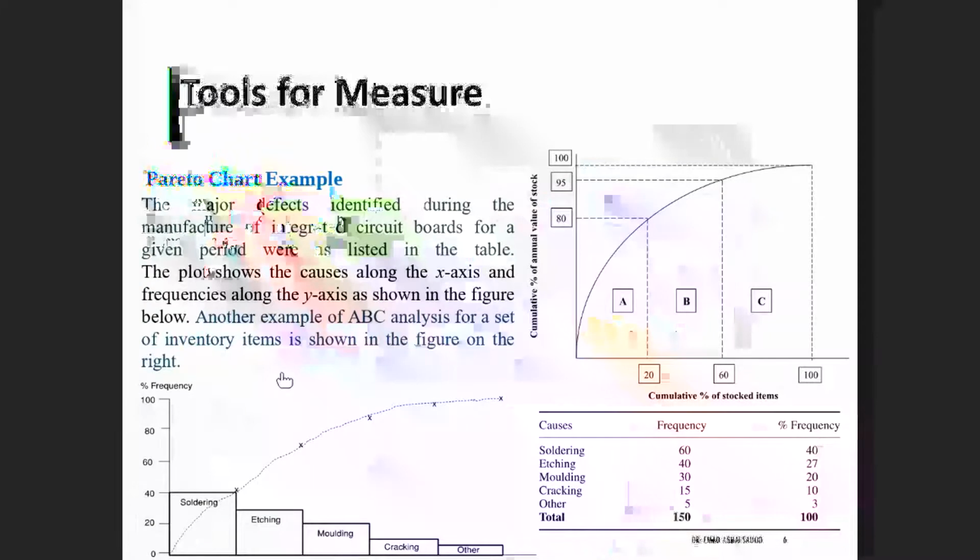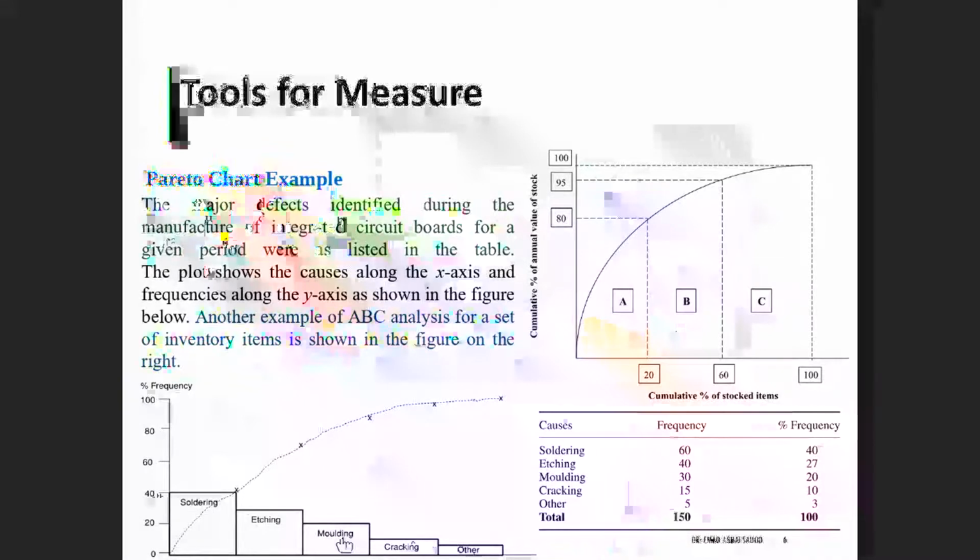There is another example here, applying the ABC analysis. The example is talking about the manufacturing of integrated circuit boards, and the defects that happen during that process. The categories or the causes for those defects come from different causes: molding, cracking, and other causes that cause the defects in the circuit boards.